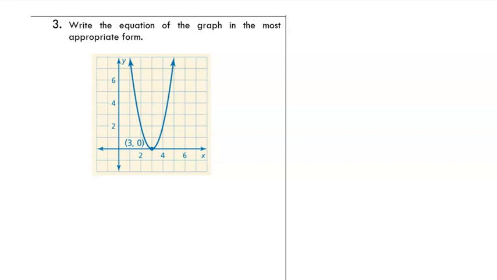I'm going to put it in vertex form. y equals a times x minus h squared plus k. And so y equals a, let's go ahead and fill this in, x minus 3 squared. Okay. Now I need to figure out a.